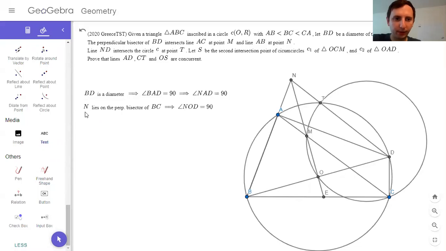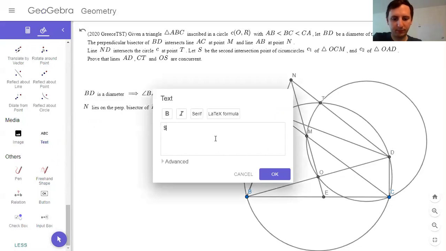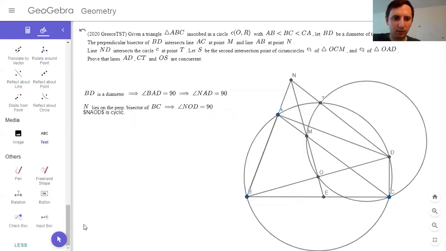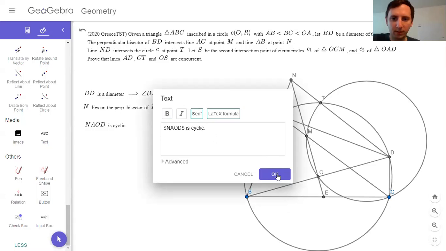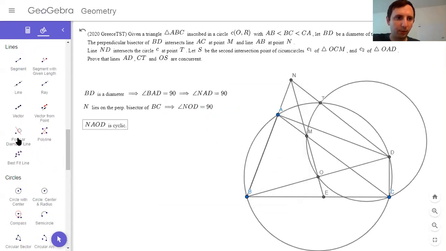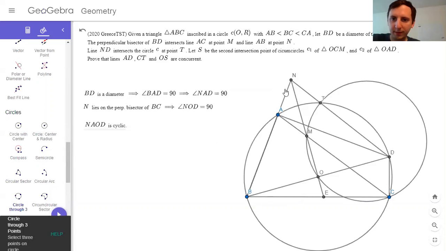So NAOD is cyclic. So then we can draw that in.